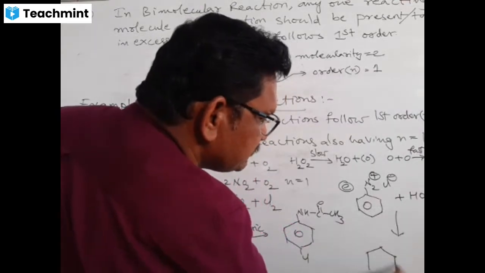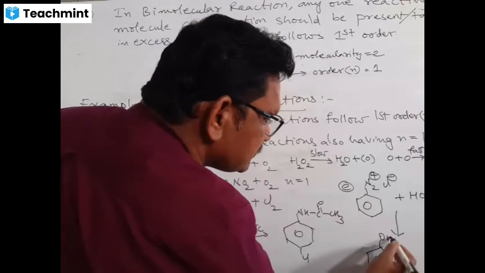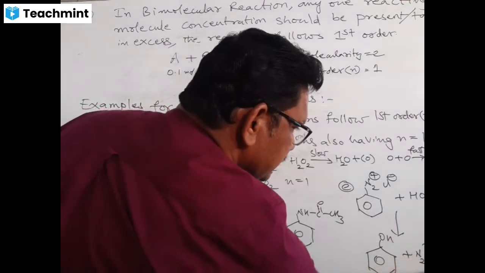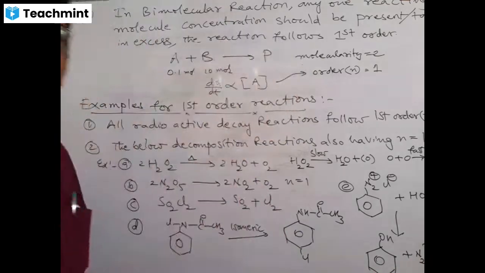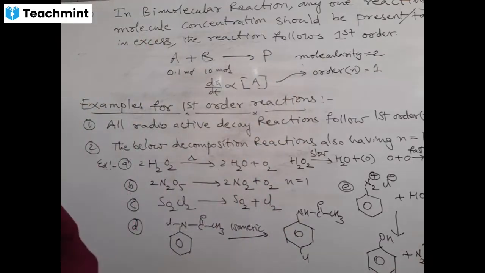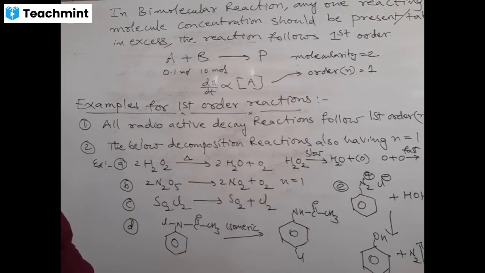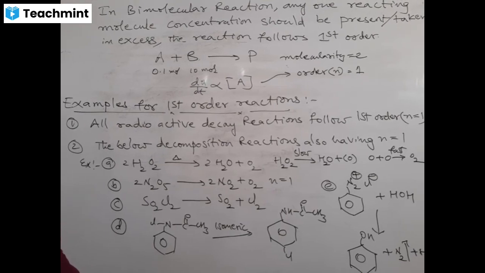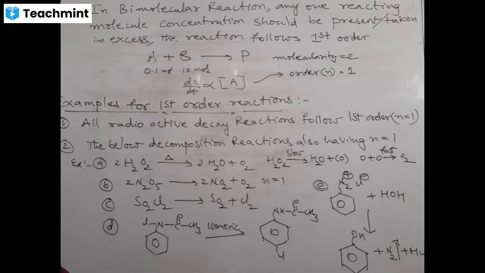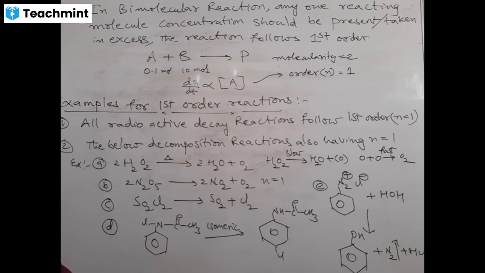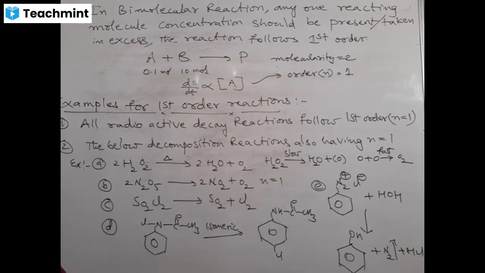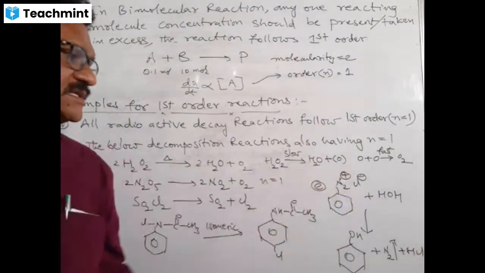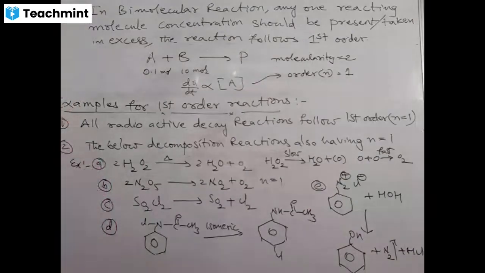It is converted to phenol and liberates nitrogen gas, and another byproduct is HCl. So here also the rate depends upon only the diazonium chloride salt. That's why it follows first order reaction.